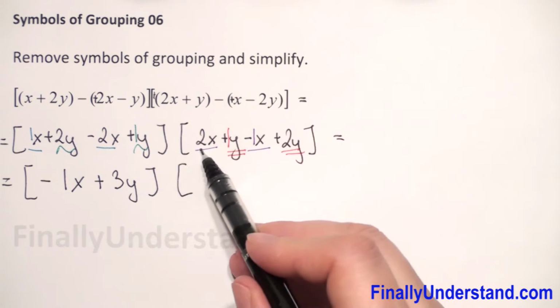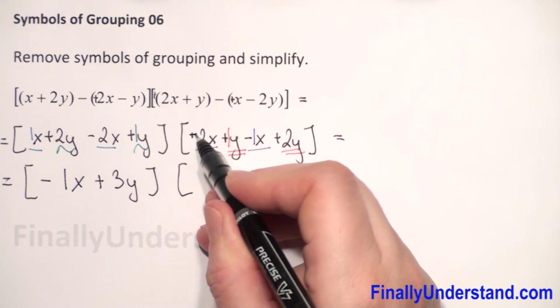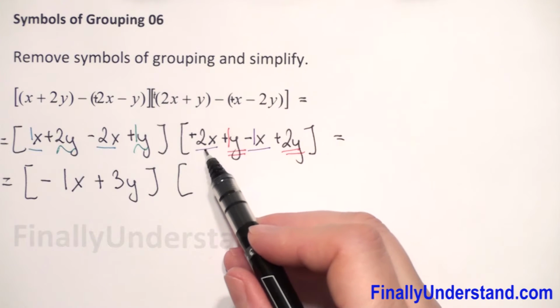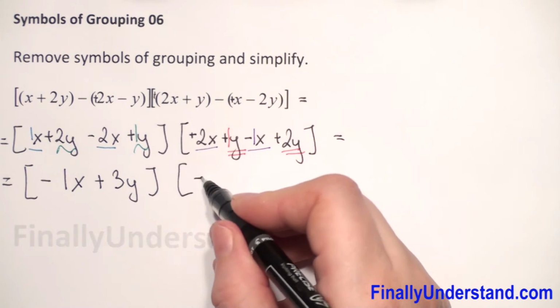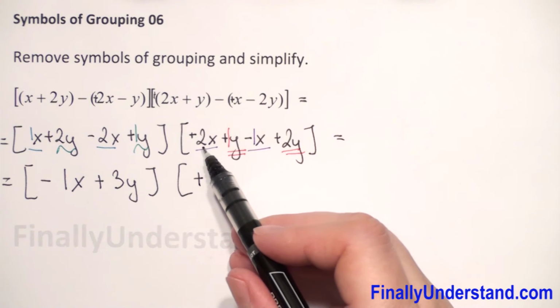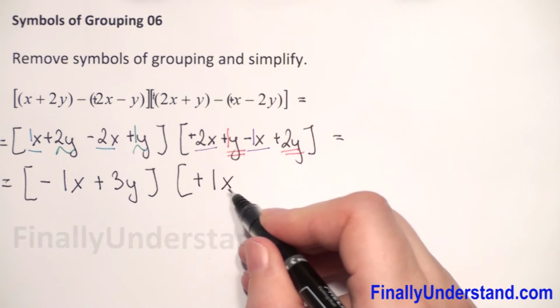We have different sign before these two terms. When we don't have sign, it's always positive. So we keep always the sign of a greater number. 2 is greater than 1, so we have positive sign. And now we have to just subtract. 2 minus 1 is 1. And we have to copy x.